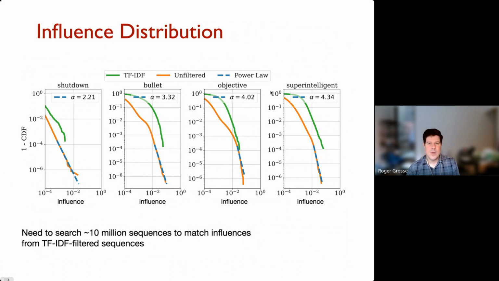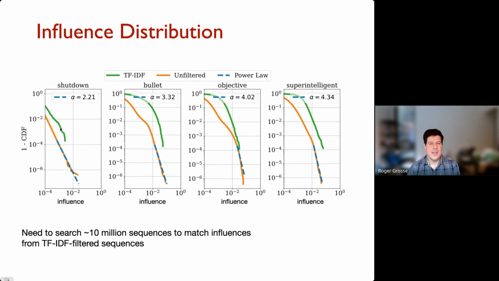For different influence queries, we get somewhat different influence distributions. The tails fairly consistently seem to follow a power law, although the power law often has different parameters from one sequence to another. The distributions for the unfiltered and the TF-IDF filtered data are different.